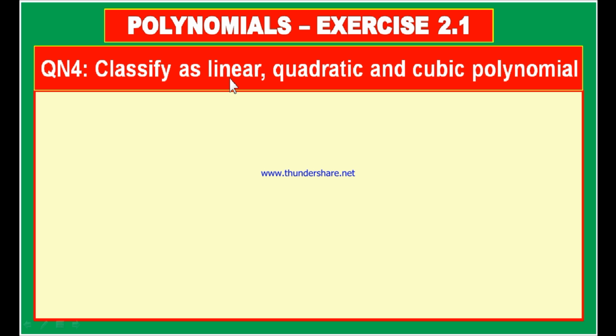We already learned the general forms of a linear polynomial, a quadratic polynomial and a cubic polynomial. The general form of a linear polynomial in one variable is ax plus b, isn't it? We learned this in the video Introduction to Polynomials. The general form of a quadratic polynomial is ax square plus bx plus c.